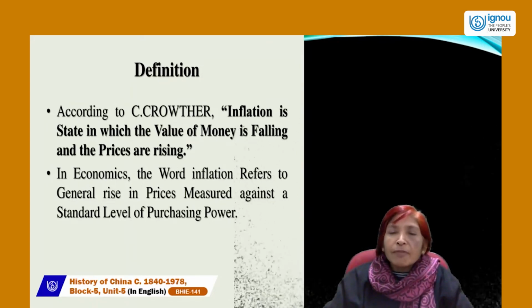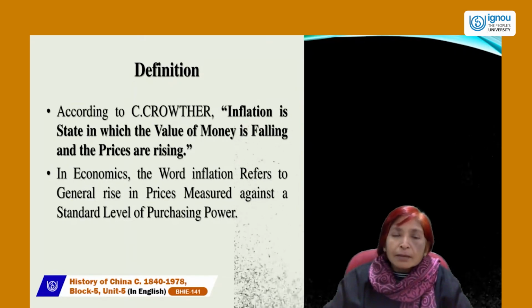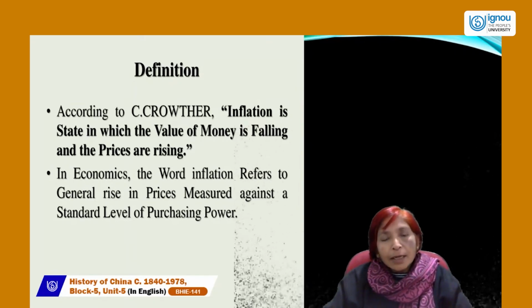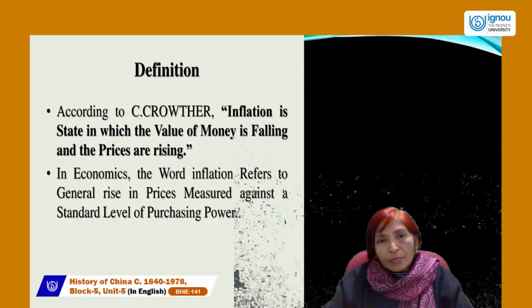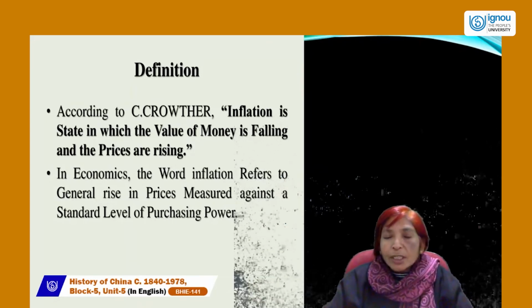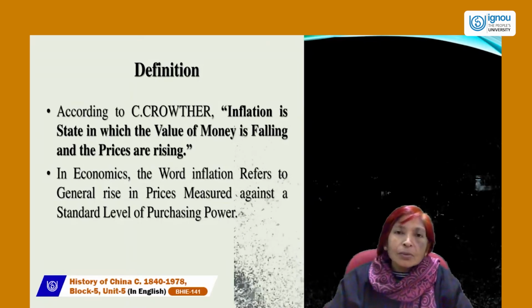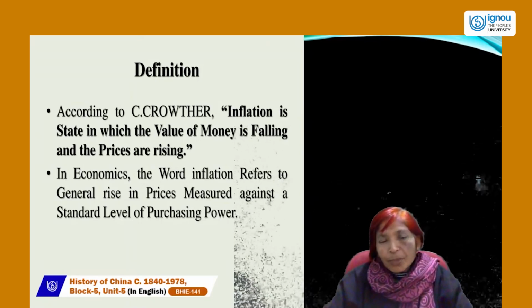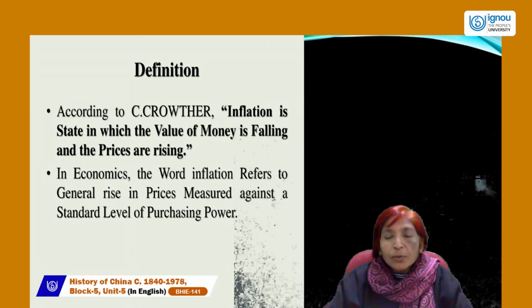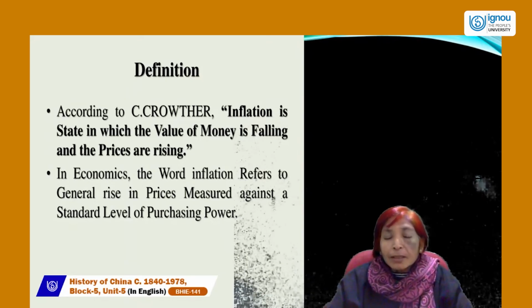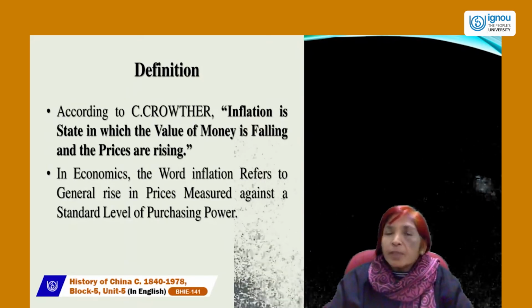There are only four main producing factors: land, labor, capital, and entrepreneur. As population increases, the demand for goods and services also increases, but supply can't increase according to demand. That's why the inflation problem exists.